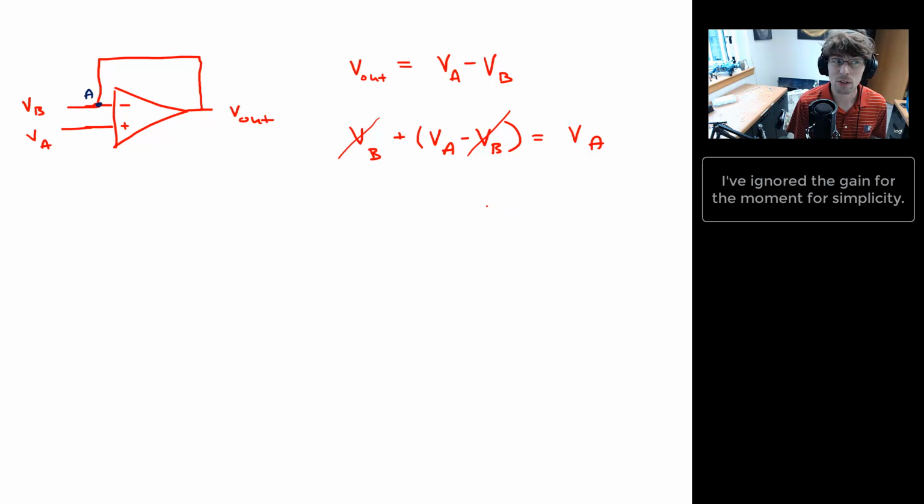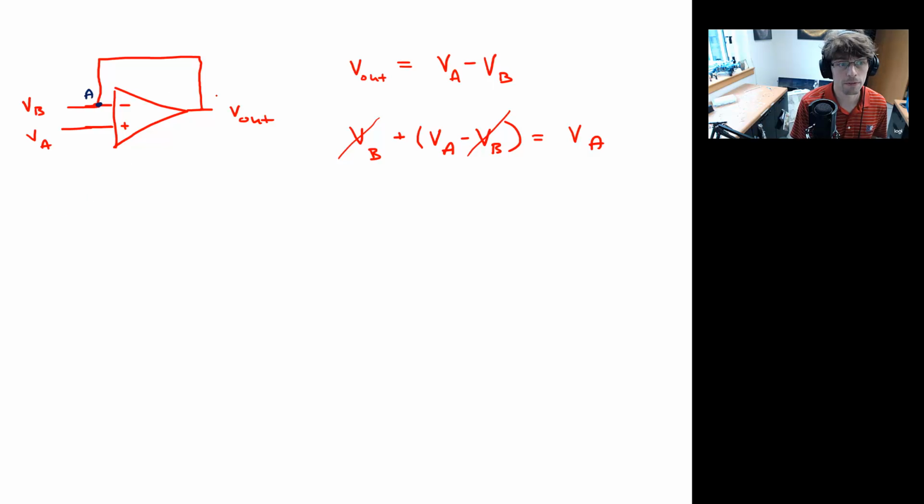And that's kind of the cool thing about the operational amplifier. We'll see how that's cool, is if you have a feedback loop, this wire, going to the inverting input, then the operational amplifier will set the potential of the inverting input equal to the potential of the non-inverting input. And that's what one of the golden rules is for analyzing operational amplifiers.